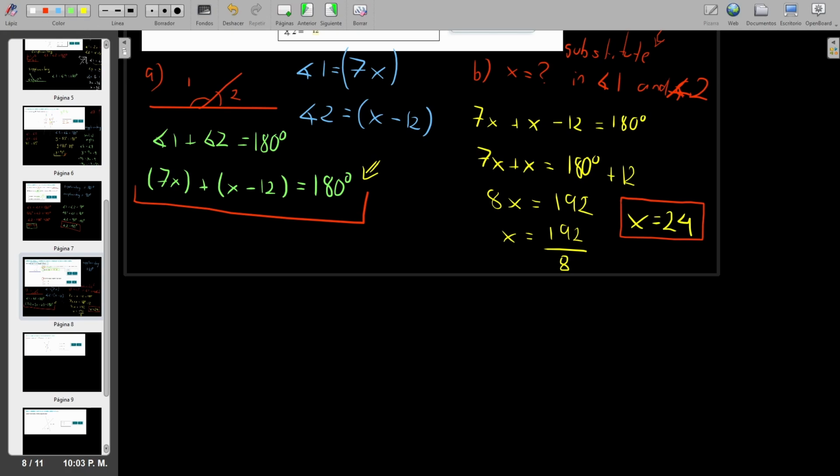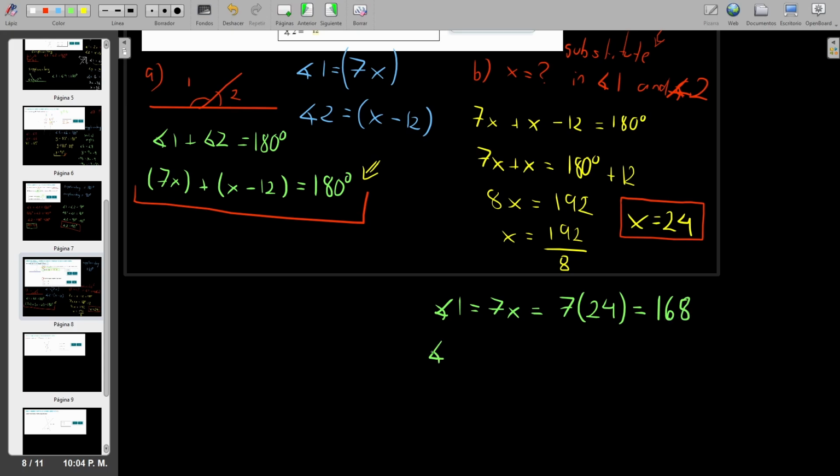Here we have the values for angle 1 is going to be 7x. We substitute the x, is going to be 7 times 24. We do this operation, it's going to be 7 times 24, 168.